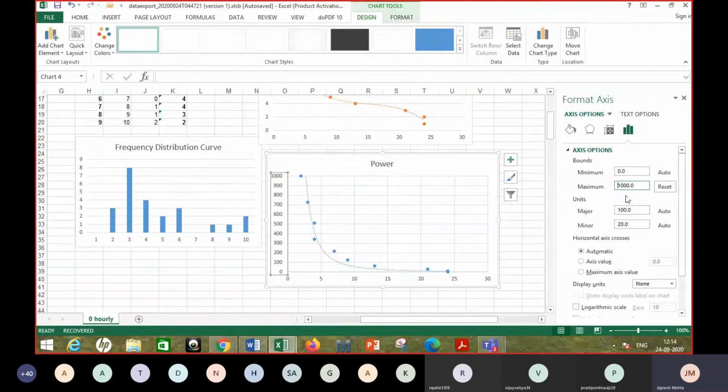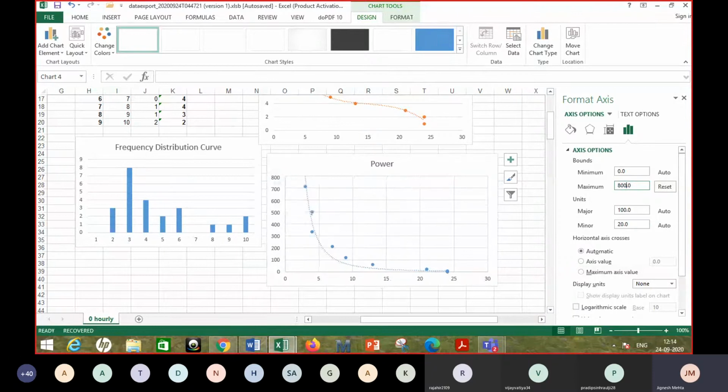And if I make it only up to, let's say 800. Okay, so this is quite similar to the curve that I have shown in the material that I'll explain again. So basically on the horizontal axis, it is cube of velocity.